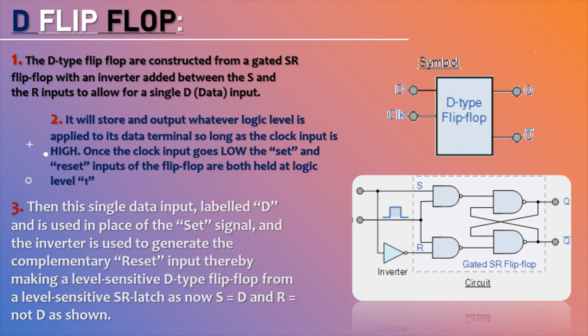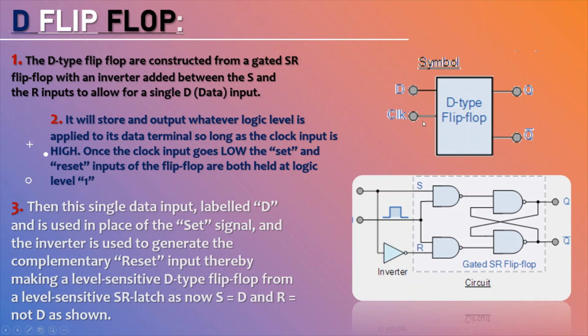Then this single data input, labeled D, is used in place of the set original signal, and the inverter is used to generate the complementary reset input, thereby making a level sensitive D-type flip-flop from a level sensitive SR latch, as now S is equal to D and R is equal to not D, as shown.